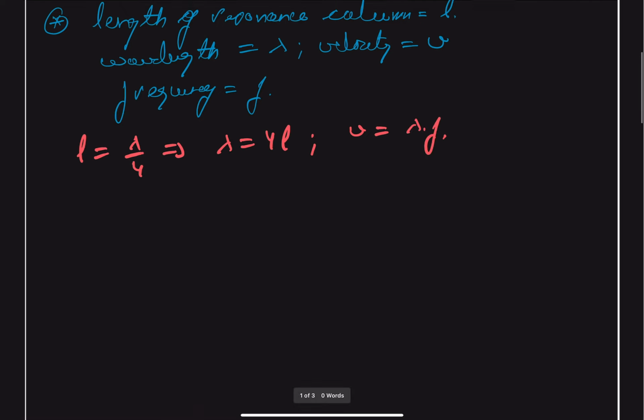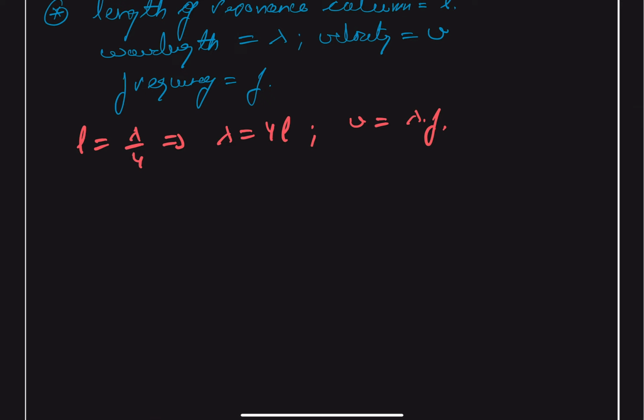And if we substitute the value of lambda in this equation, we get our velocity will be equal to 4 times L multiplied by frequency. And we know the value of f, which is our 244. So from here we can write our velocity v will be equal to 244 multiplied by 4 multiplied by L. And let us call this equation number 1.